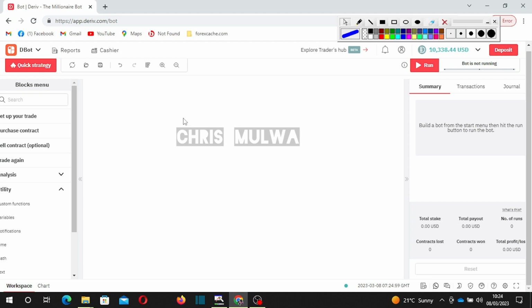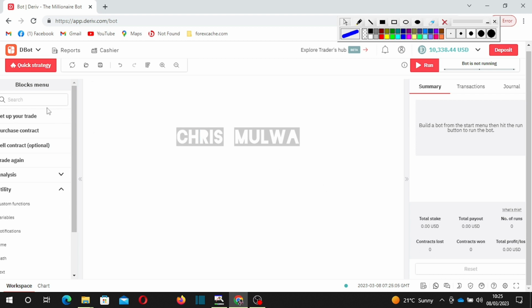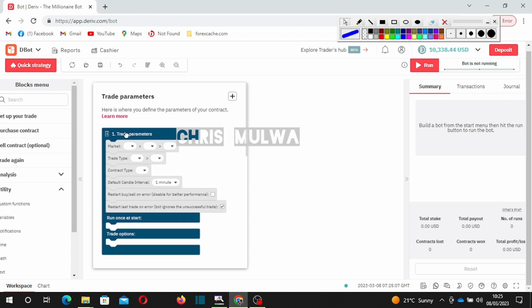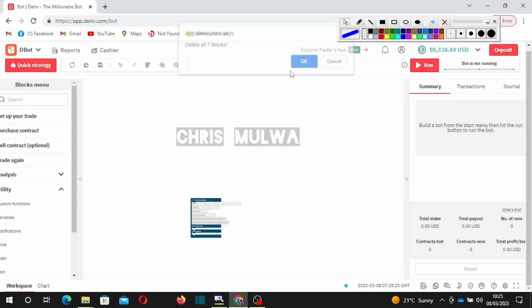So ensure that you delete them. To delete, what you should do is right click, so you delete all the blocks. Here they are 7. Ensure that you delete them. You click okay, you delete them. You will hear a notification sound.